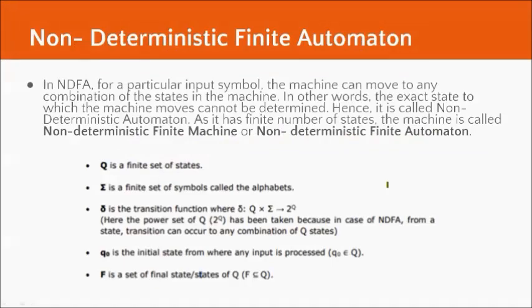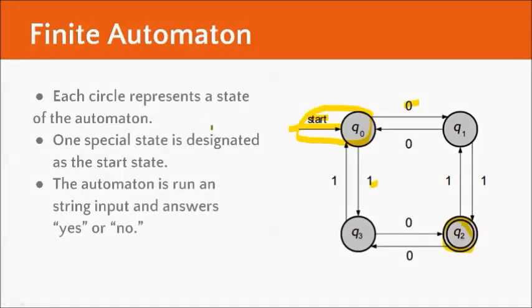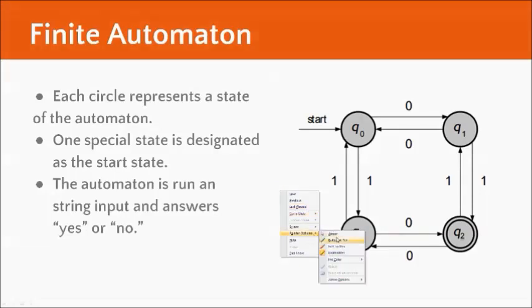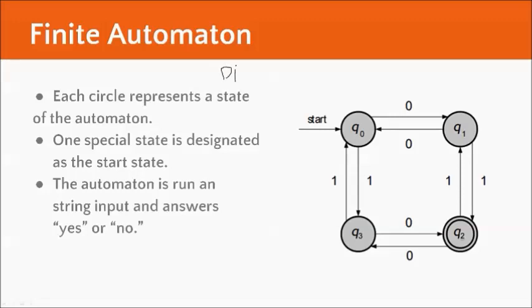So now, let me clear my marks. Let's create the DFA of this finite automaton. How are you going to create the DFA? Let me use my pen. To create the 5-tuple notation of this finite automaton, I will write the 5-tuple notation.